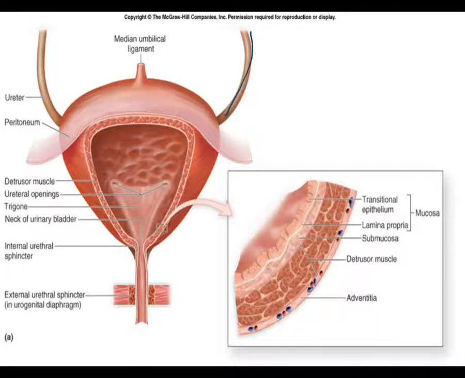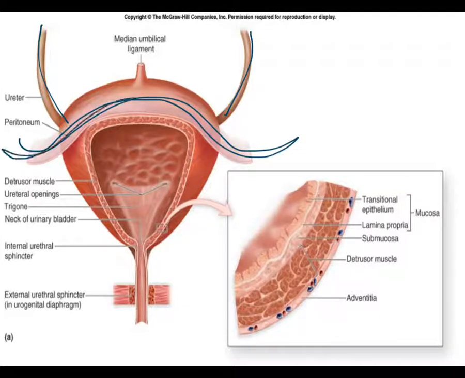Ureters coming down, left and right. This is the peritoneum. So again, the bladder is really not so much behind the peritoneum as it is below the peritoneum. It's below your gut organs, but we still say that it's retroperitoneal. Here's that trigone. 1, 2, 3 openings. So there's your imaginary triangle, the trigone.